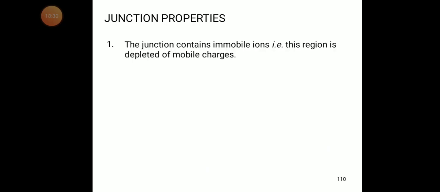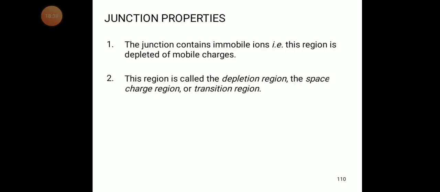You can see the junction contains immovable ions, that is, this region is depleted of mobile charges. Already you know that the junction contains immovable ions, that is, this region is depleted of mobile charges.